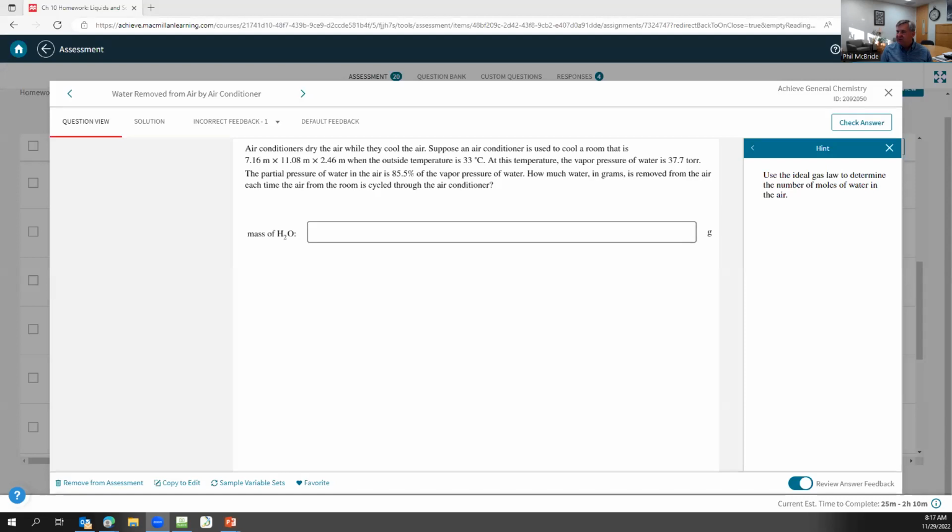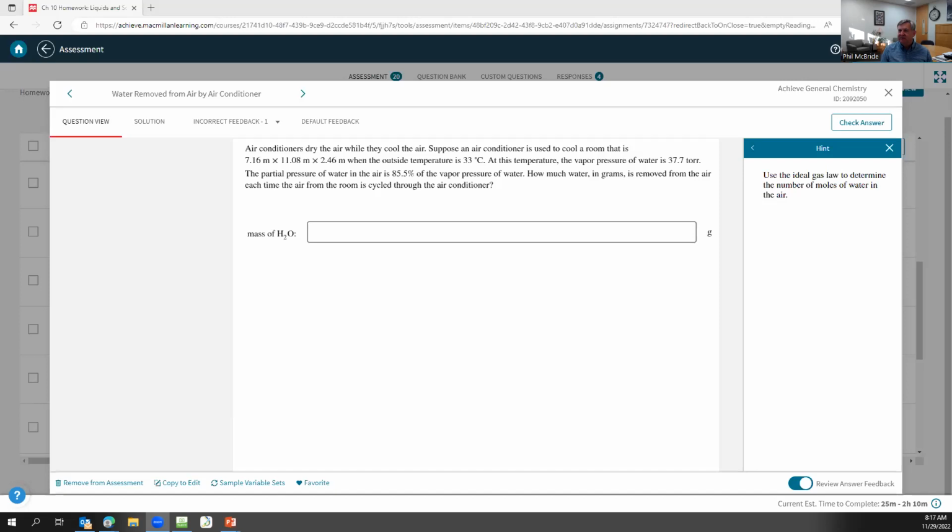Pressure is 37.7 torr. But the partial pressure of water in the air is 85.5% of the vapor pressure of the water. So the vapor pressure in the air is 85.5% of the vapor pressure of water. And we know the vapor pressure of water is 37.7 torr.